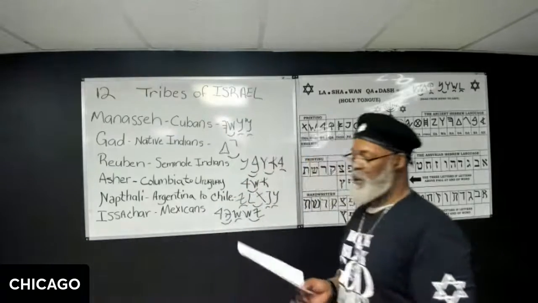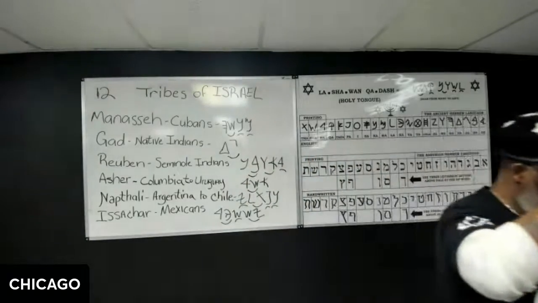That is the 12 tribes of Israel. Give you a few seconds to write that down.